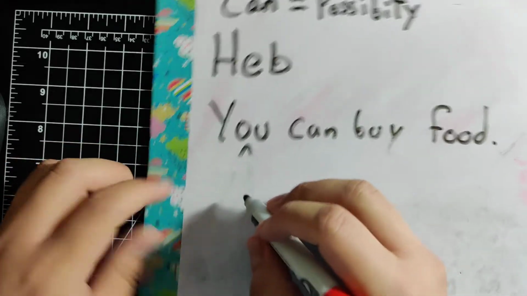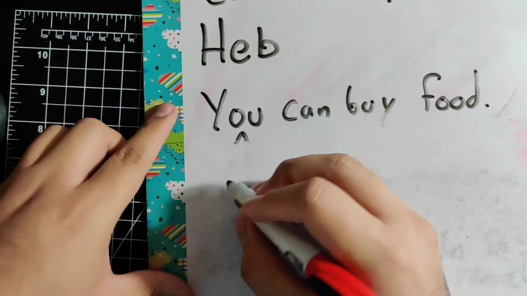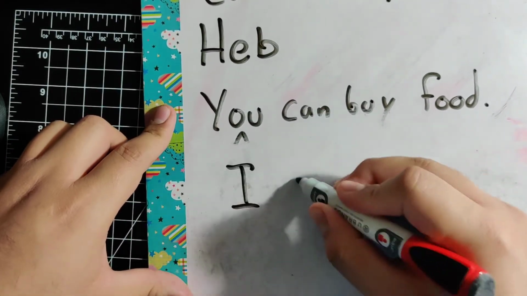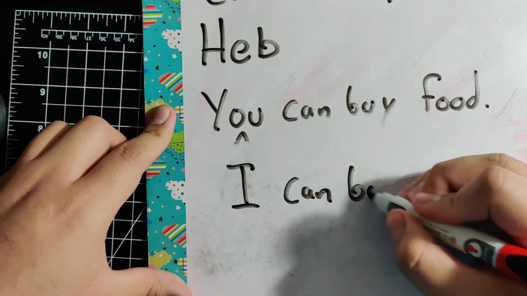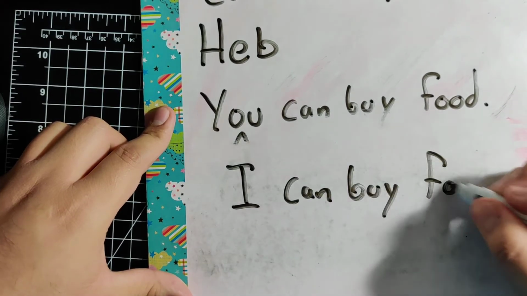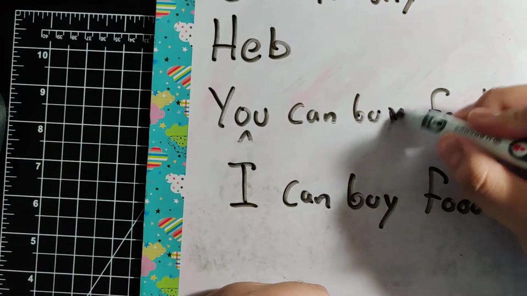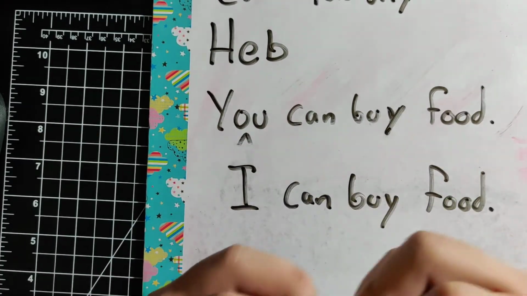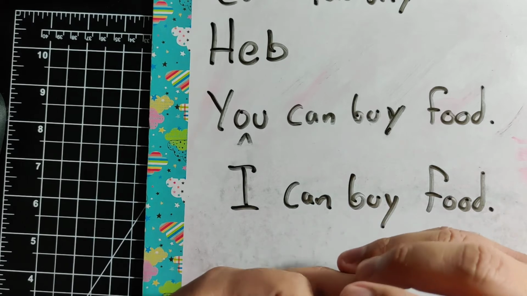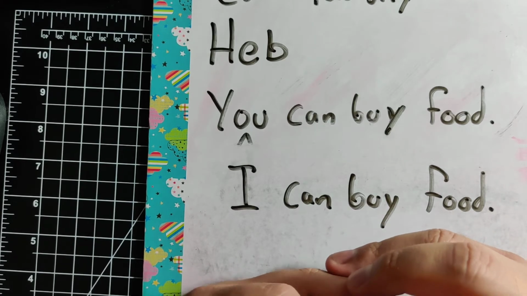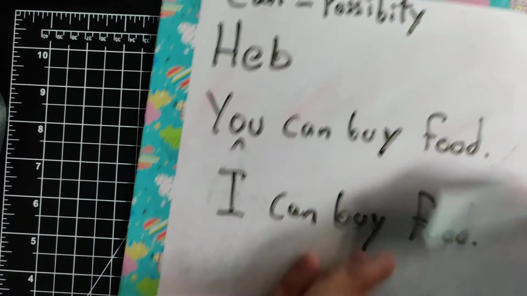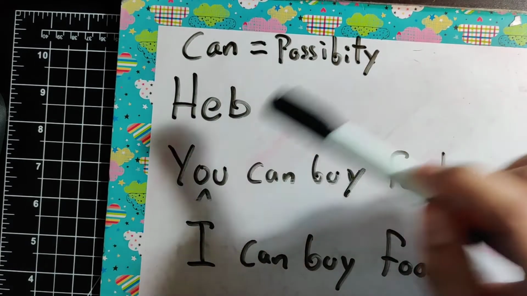Okay? For example, hay una diferencia si ustedes dicen I can buy food. You can buy food. If you say, oh, you can buy food in HEB, okay? You're pretty much saying what's possible in HEB. Lo que es posible.